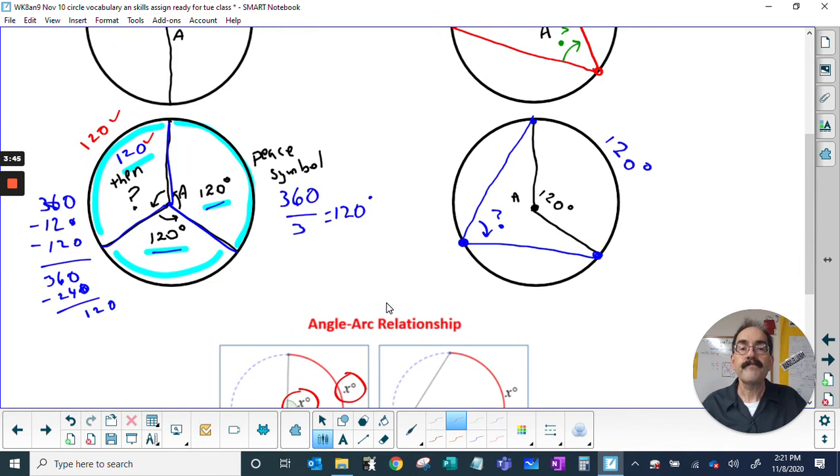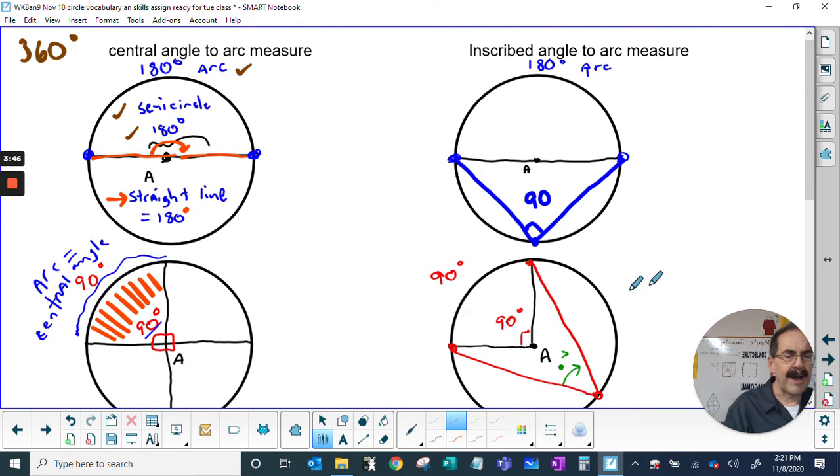Now, the other day we started talking about putting a square inside a circle. We had four 90-degree angles. I want you to realize, we just saw on the other side that a straight line is 180 degrees. This is 180 degrees. This is a central angle.